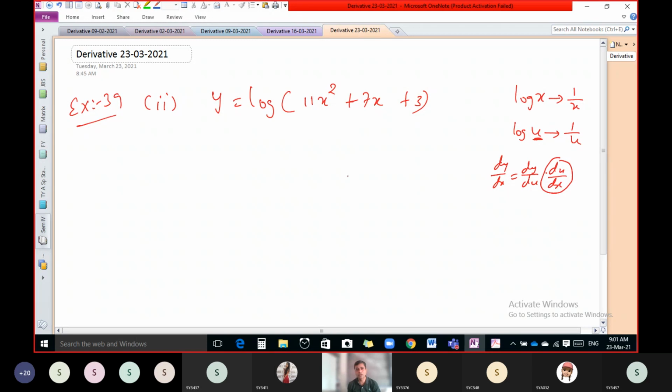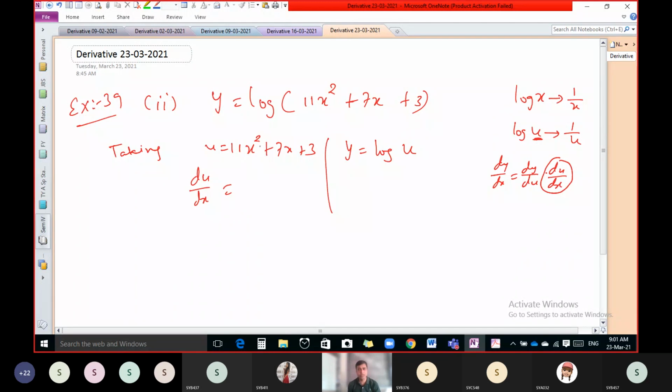So what we have to do in this question, taking u equal to 11x square plus 7x plus 3, our y becomes log u. Now differentiate this with respect to x.